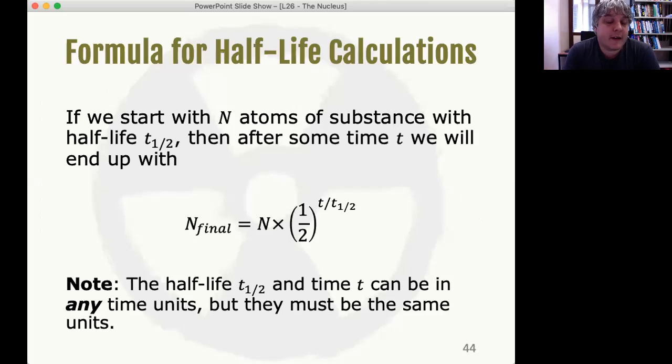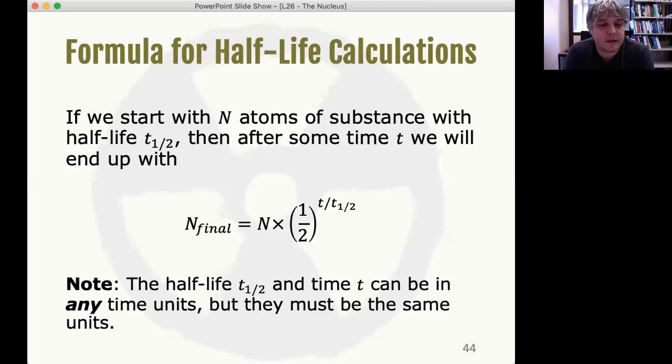There is a formula that can help you if you want to rely on maths rather than just thinking about it, and sometimes this can be useful if you have a non-whole number of half-lives. If you have N atoms, capital N atoms, of some substance that has a half-life of T half, so T with a little subscript half, then after some time T, we will end up with N final, the number of radioactive atoms that are left.